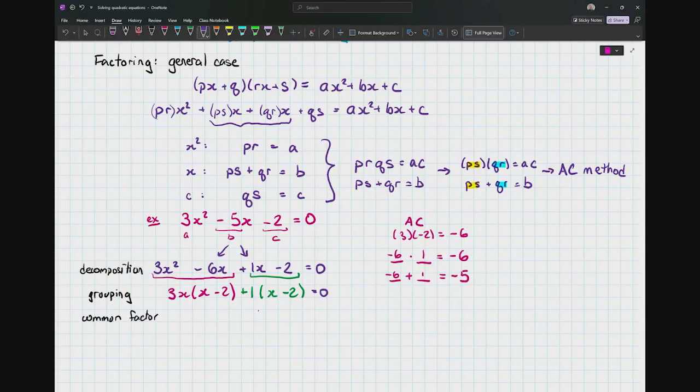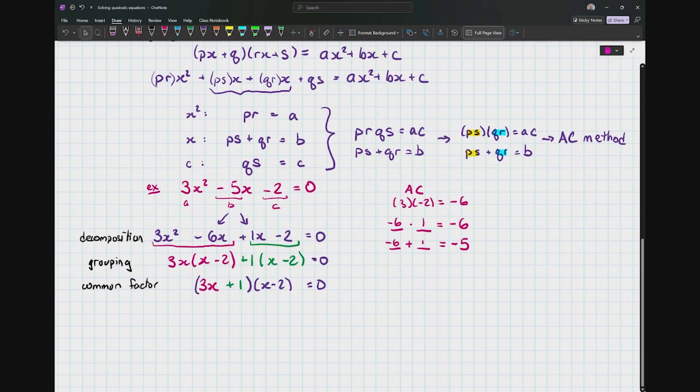Our common factor in this case is our x minus 2. Pulling that from our first grouping, we're left with a 3x. Pulling it from our second grouping, we have a +1. Putting the brackets in there, we can see that we factored right down so that we have 2 binomial or just linear factors. Great. All right, we've finished the factoring by AC method strategy.